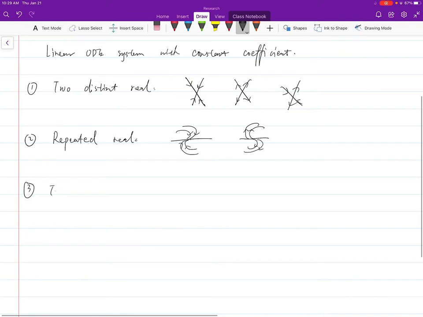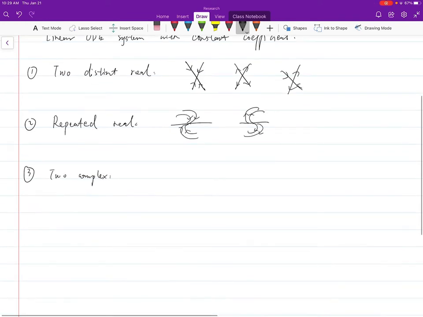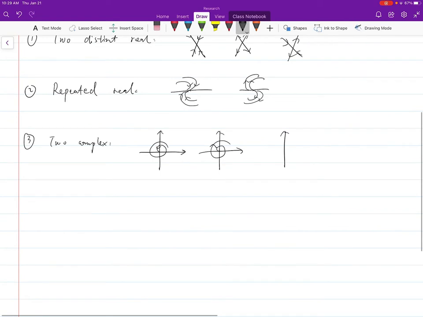And then we have two complex eigenvalues. We are having three cases: spiral sink, spiral source, and finally a center.